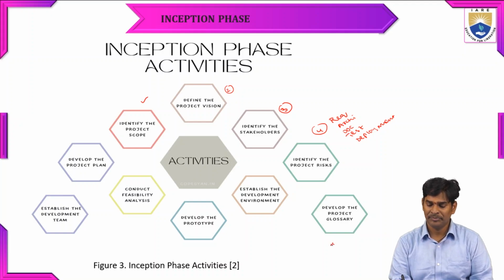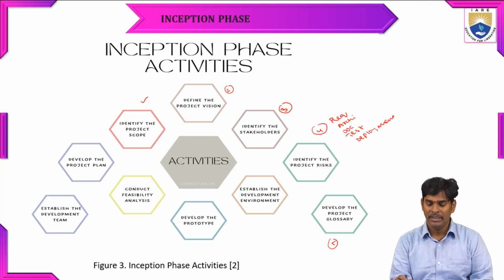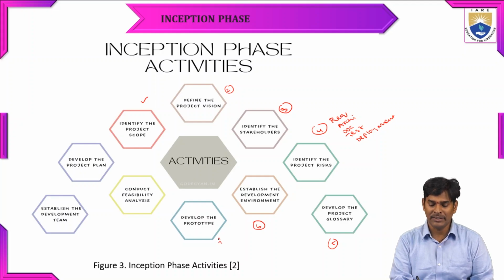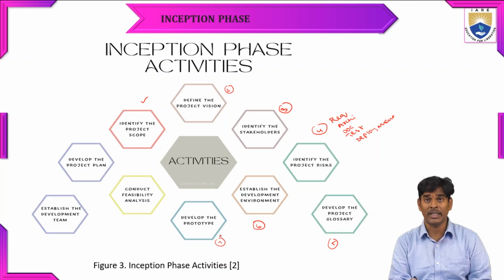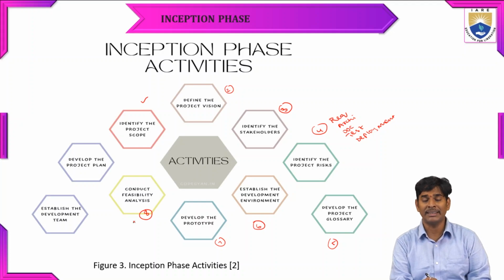Next one is develop the project glossary. So we need to check the main project description, each and everything, and establish the development environment. The next one is develop the prototype. And next is conduct feasibility analysis.